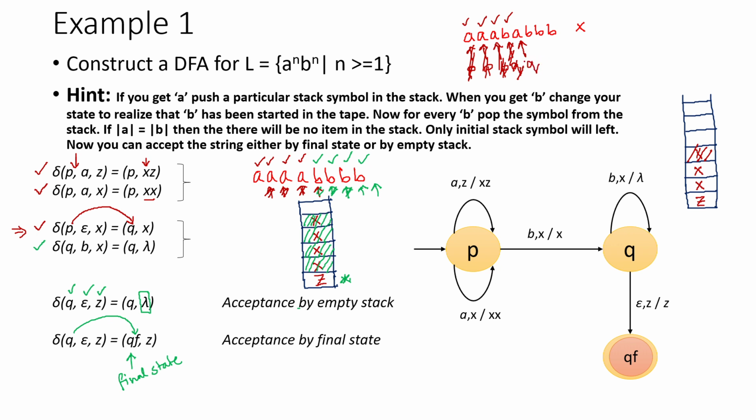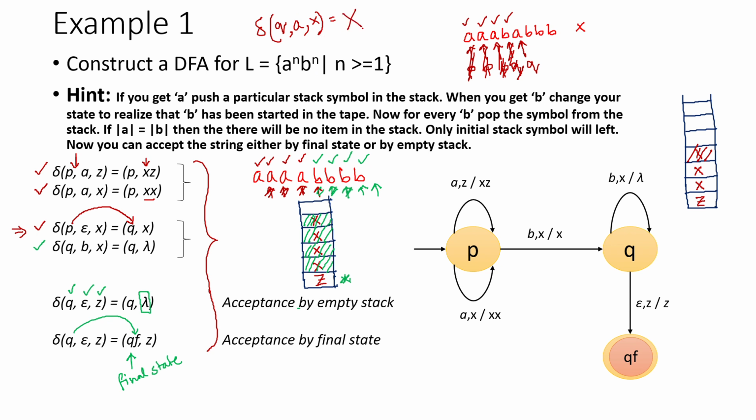Your current state is Q. You are reading a character A and your top of the stack is X. So your delta function should be, at least if this situation is correct, delta Q comma A comma X, then something. But is it present in this transition function? In this whole set of transition functions, is this input present in the LHS?